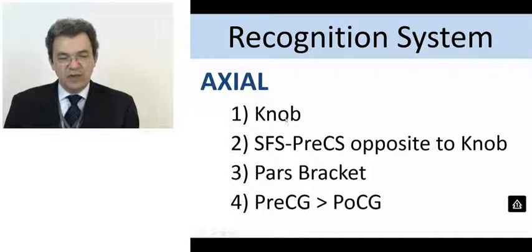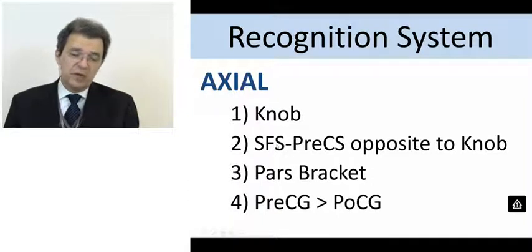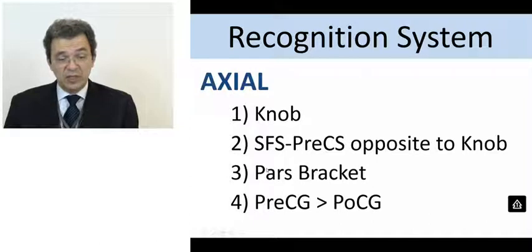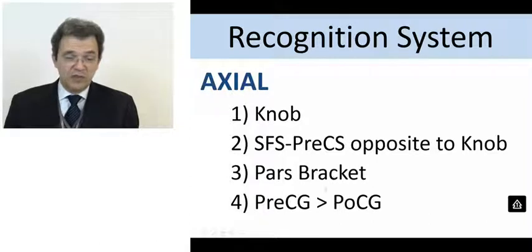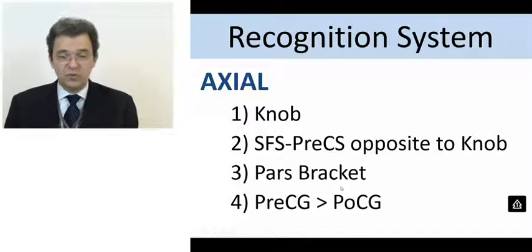You then check that this is opposite to the L sign, the superior frontal sulcus, precentral sulcus junction. You make sure that the sulcus you have identified as the central sulcus goes into the pars bracket, and then finally that what you have identified at the precentral gyrus is thicker than the postcentral gyrus. Any order is allowed and is actually irrelevant. The important thing is that you use as many as possible. Some of them, sometimes, one or two will not work and you will be insecure, but therefore use the others.